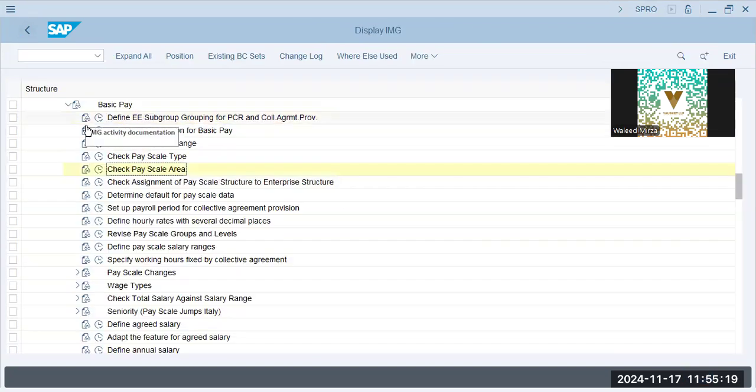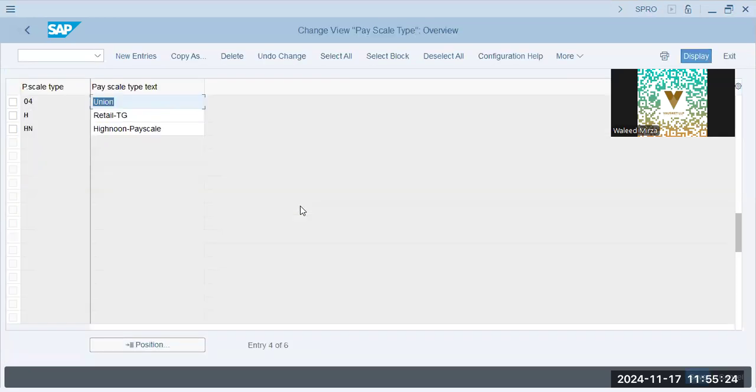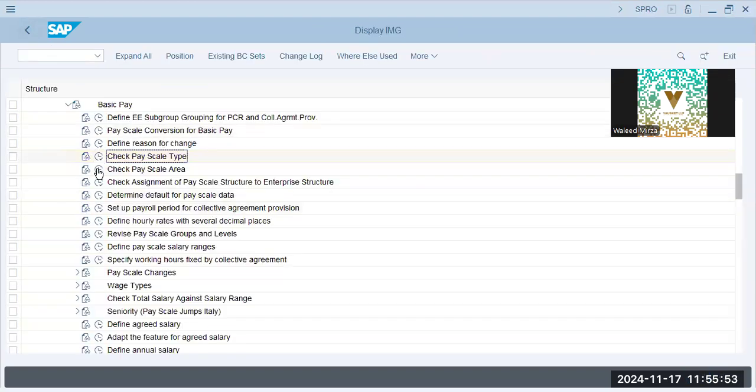Okay, let me check pay scale type. Check pay scale area.